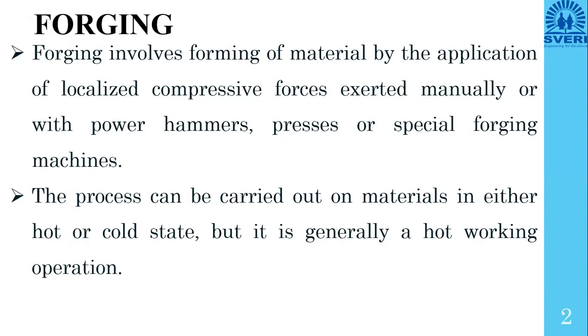If the material is not heated, at room temperature, it is rigid and resists changing its shape. That is called rigidity. Because of that rigidity in cold working condition, the material flowability is less or negligible, and the material will not flow in the cavity. So whatever shape we require is not achieved.